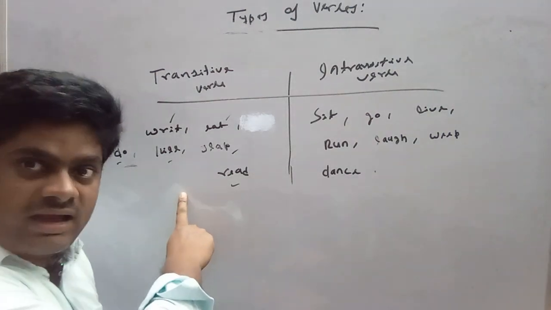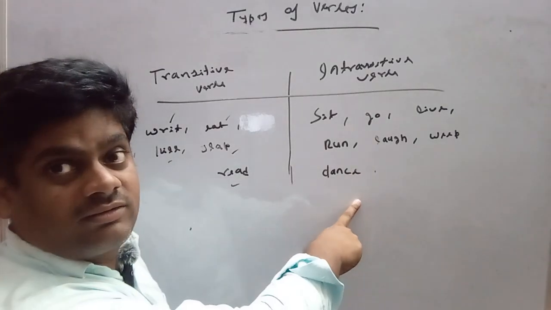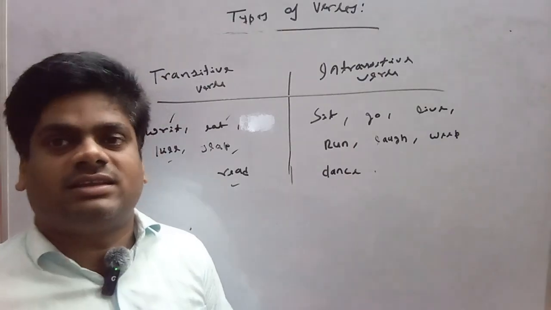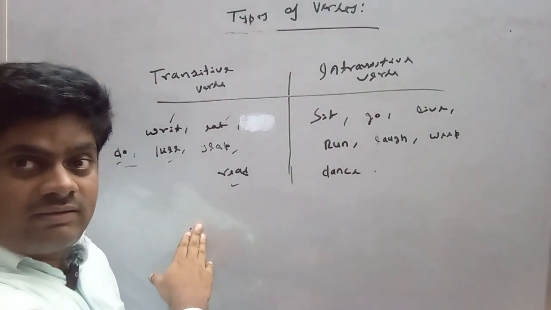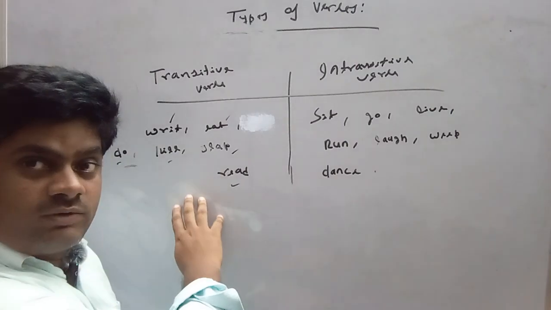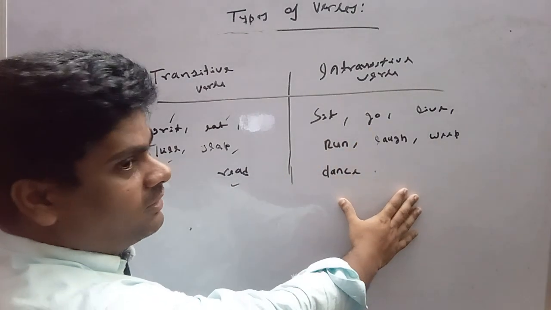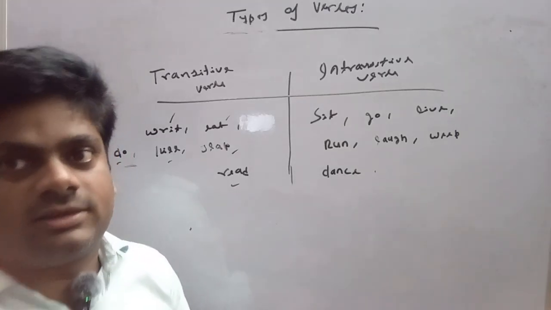They require an object, but intransitive verbs don't require any type of object to express their meaning clearly.